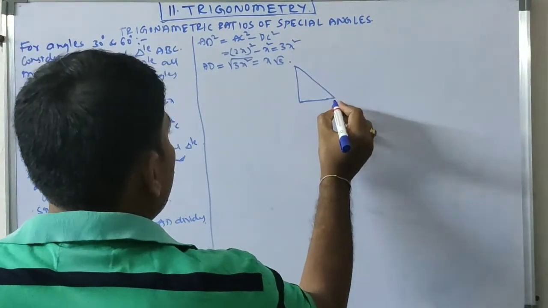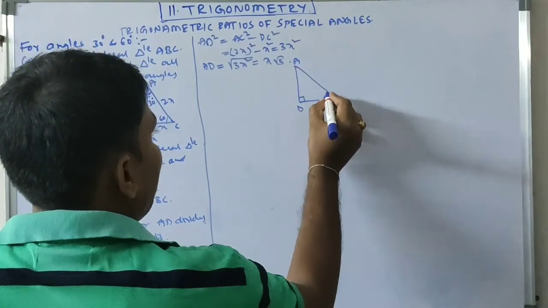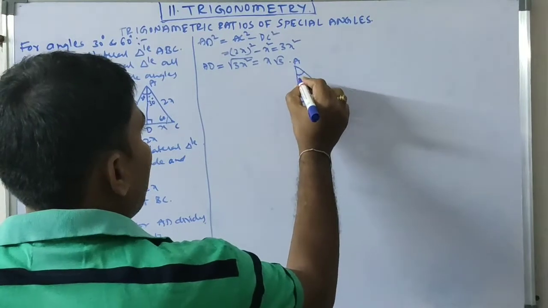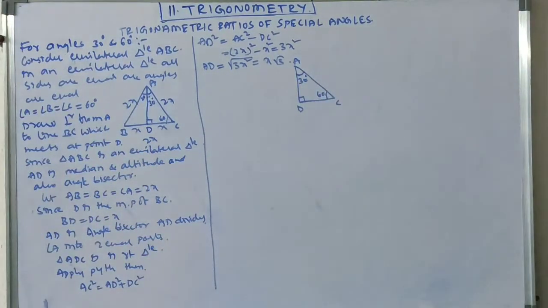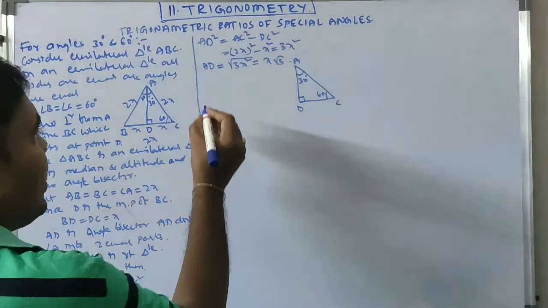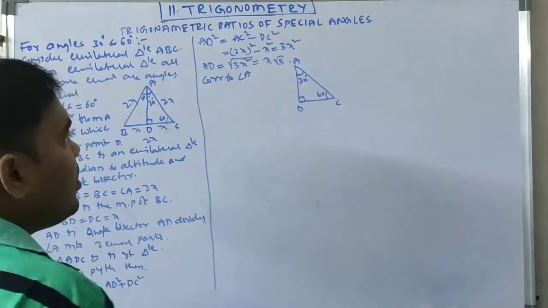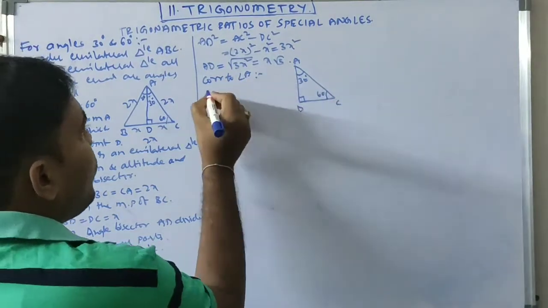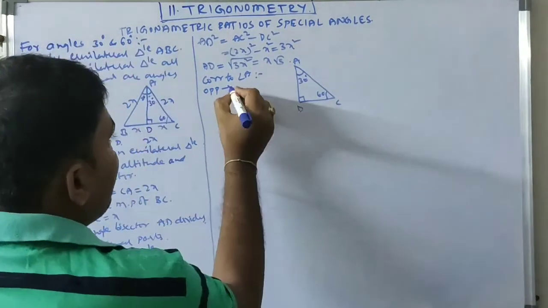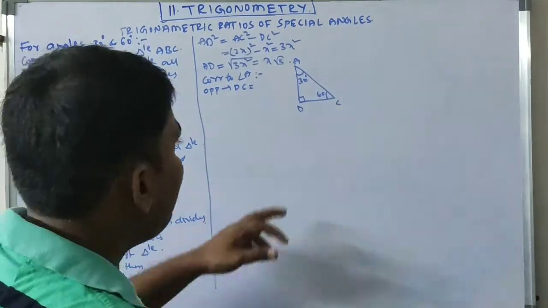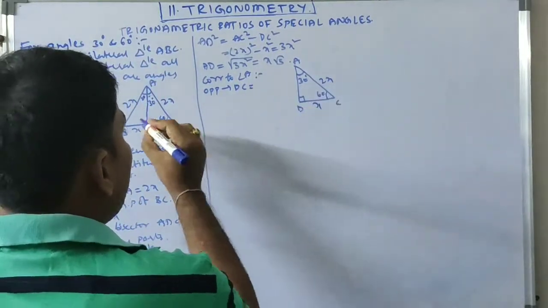So now I am taking the right angle triangle ADC. This is A, this is D, this is C. This is the right angle, this angle is 60 degrees, this angle is 30 degrees. Corresponding to angle A, what is opposite? DC, equal to x.